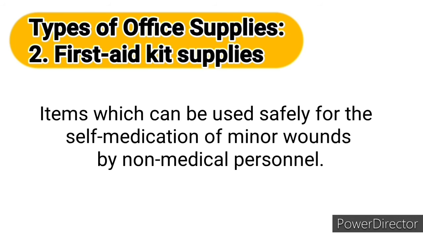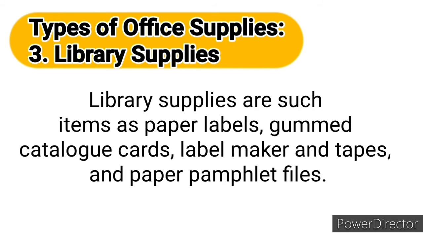First aid kit supplies are items which can be used safely for the self-medication of minor wounds by non-medical personnel. The third one is the library supplies. These items are paper labels, gum catalog cards, label markers and tapes, and paper pamphlet files.